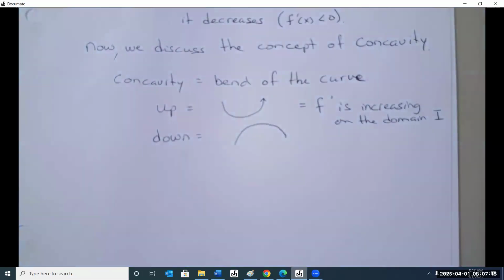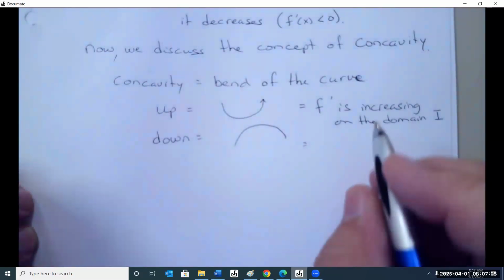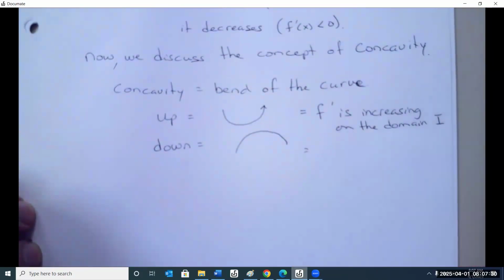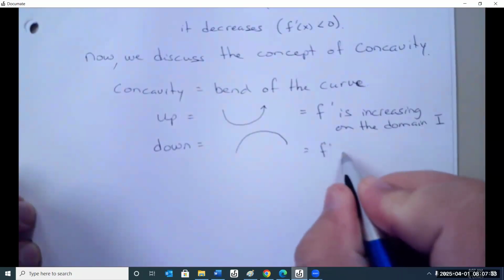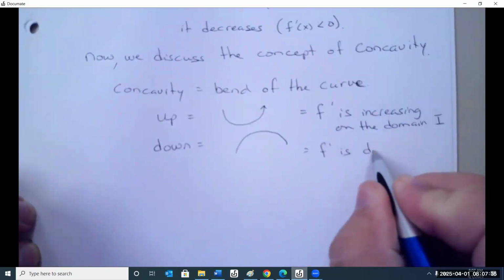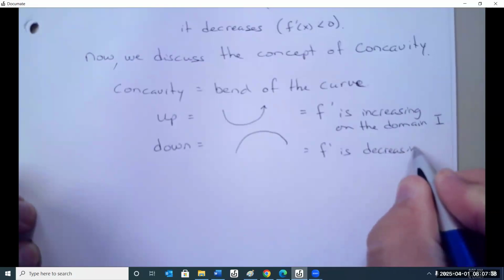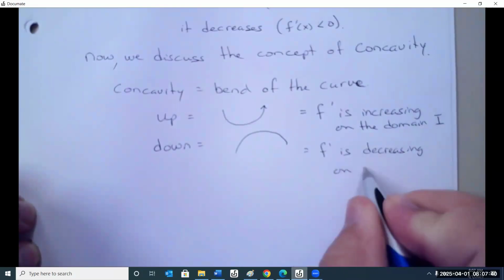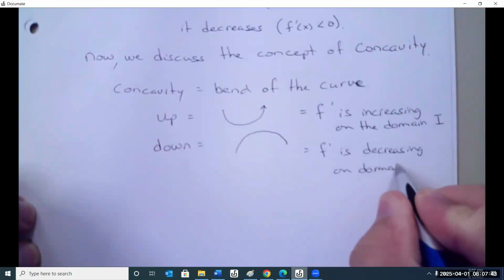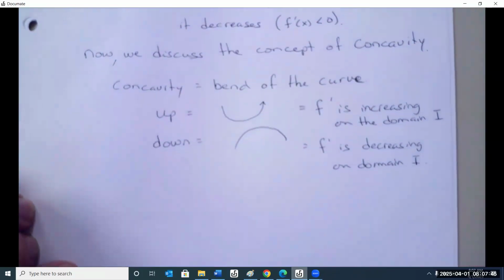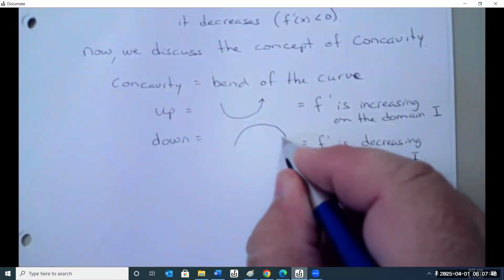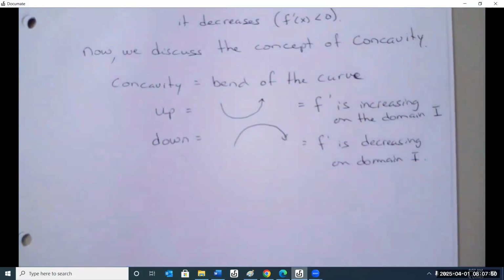Because as the graph goes on, the right side goes up. If it's concave down, it is decreasing on the domain. Because as it goes further to the right, it eventually goes down forever and ever and ever.